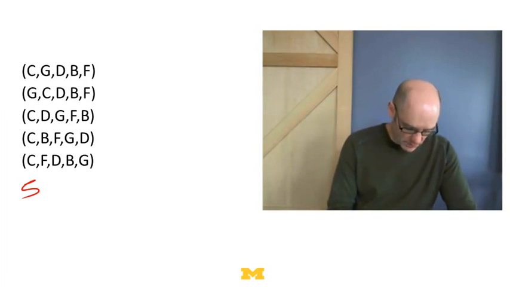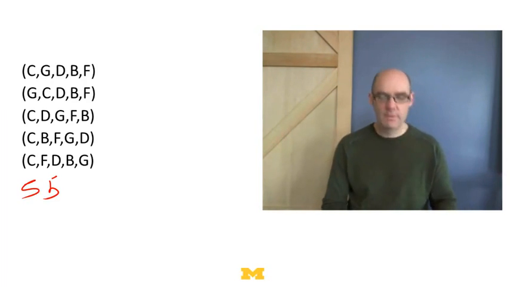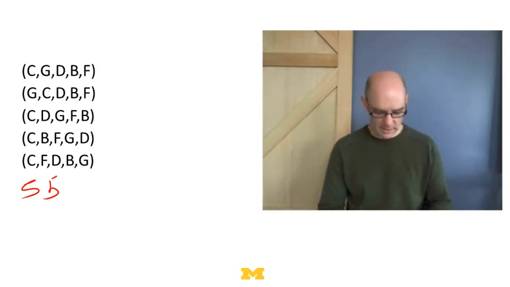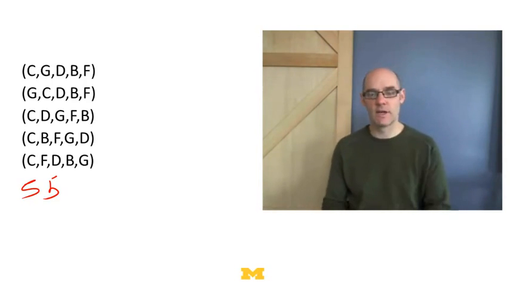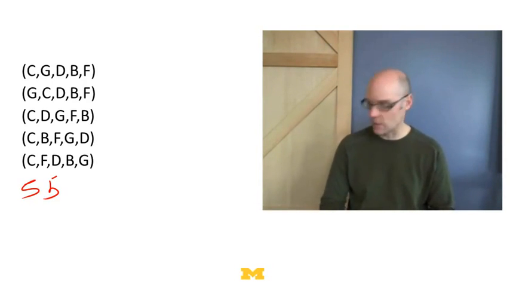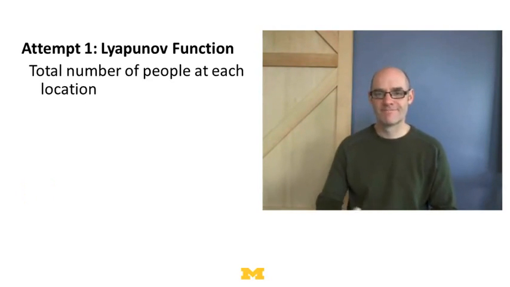Well, 5 people go to the cleaners. How many people go to the deli? 5 people go to the deli. And what you realize is 5 people go to every location. So that's not going to work, right? Because even if I switch my route, there's still 5 people going to the cleaners and 5 people going to the deli and 5 people going to the fish market. So this first attempt, total number of people at each location, is not going to work.